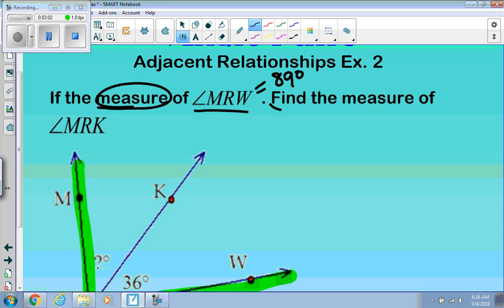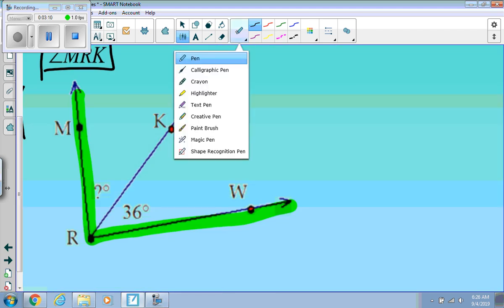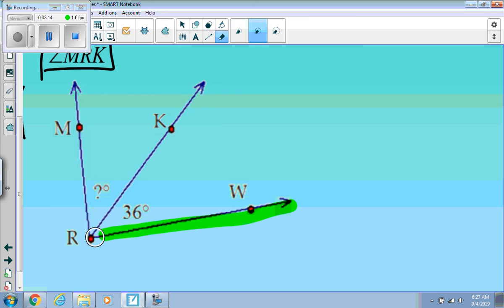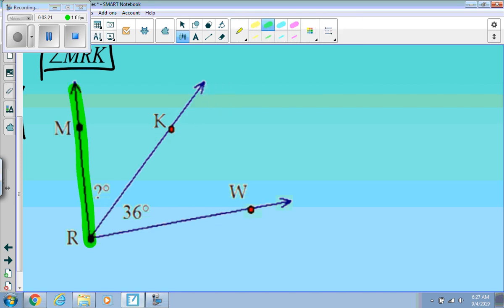We're finding the measure of MRK, so let me re-highlight the angle that we're looking for. We're looking for that one, the question mark.